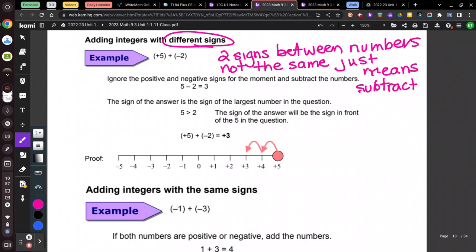You're going to notice what they've done here is they've taken the plus and the subtract sign and just changed it to a subtract sign.